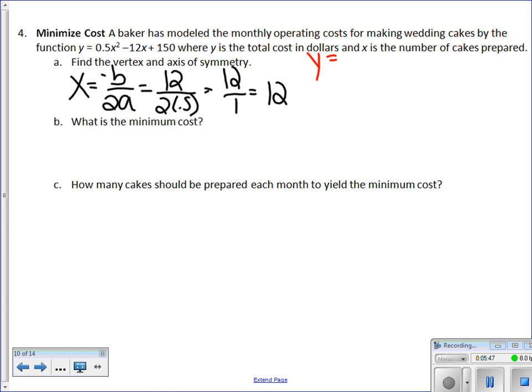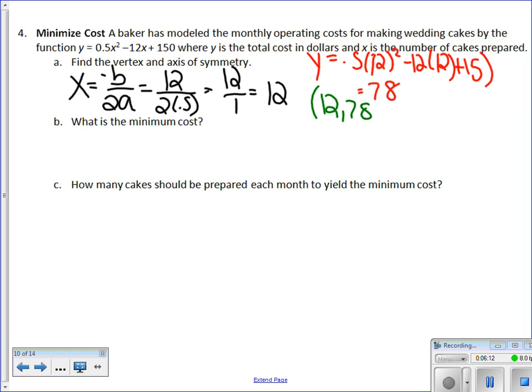So y is equal to 0.5 times 12 squared minus 12 times 12 plus 150. When you enter that into your calculator, remember, be careful how you enter it in. Use those parentheses. It's to your advantage. When you enter that in, you get 78. So my vertex then is at the point (12, 78).